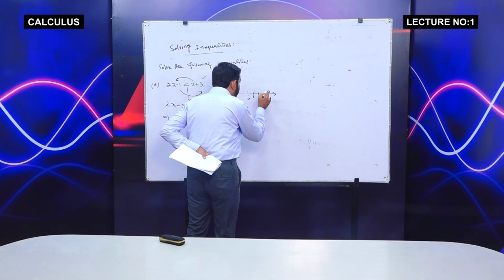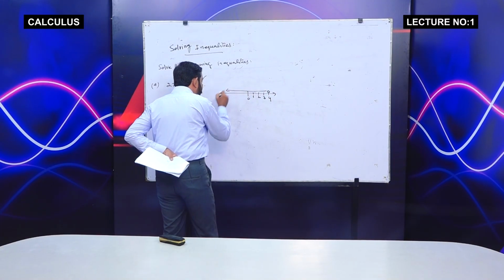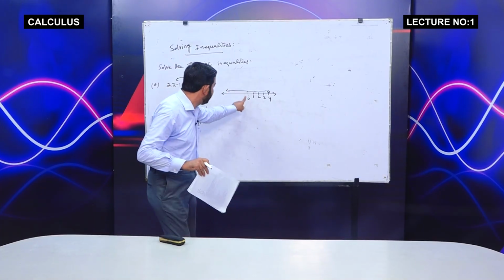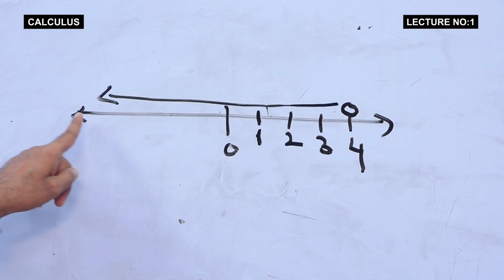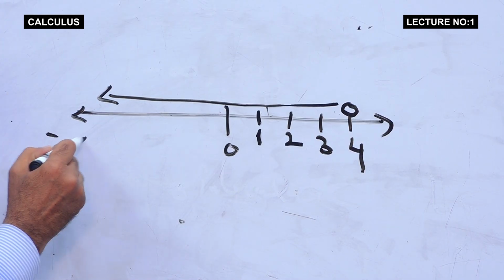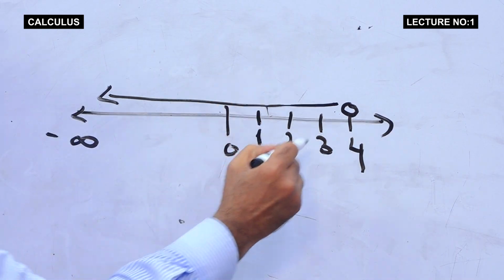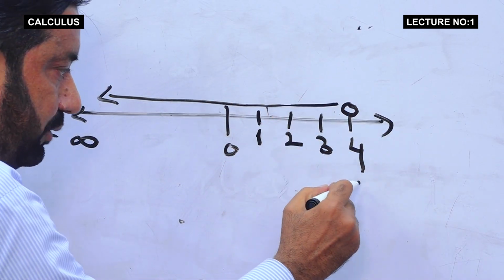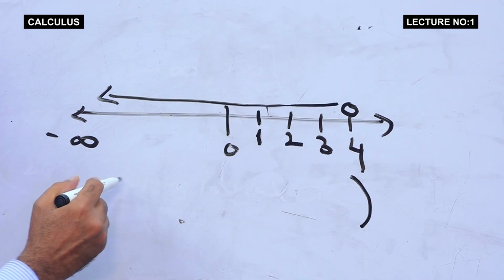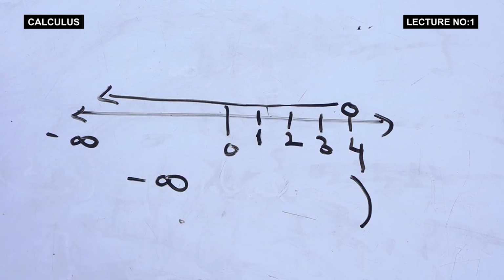4 से पीछे x की तमाम वैल्यू, x से छोटा 3 है, 2 है, 1 है, 0 है, -1 है, -2 है, -3 है और -इन्फिनिटी तक। लिहाजा सोल्यूशन सेट आपका क्या हुआ, ये हॉलो सर्कल है तो इट्स मीन्स दैट द इंटरवल इज ओपन। So for the less than you must have the open interval, and minus infinity obviously, we are working on the real line, so minus infinity must be open.